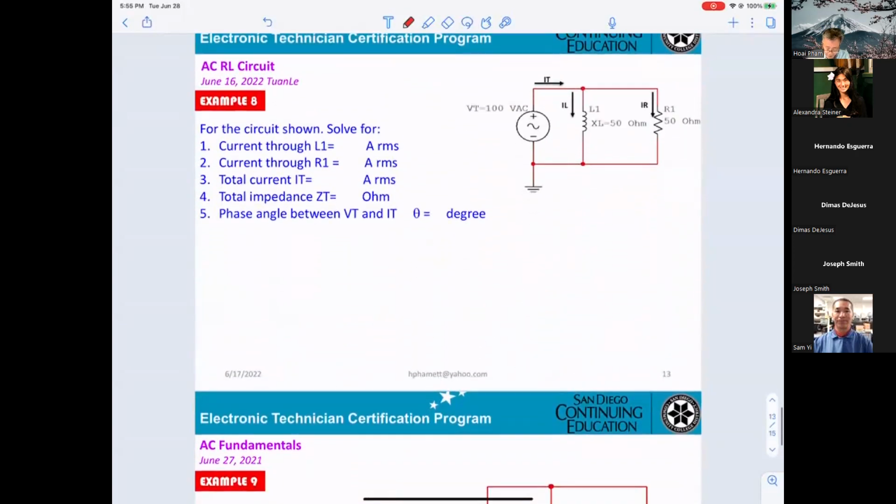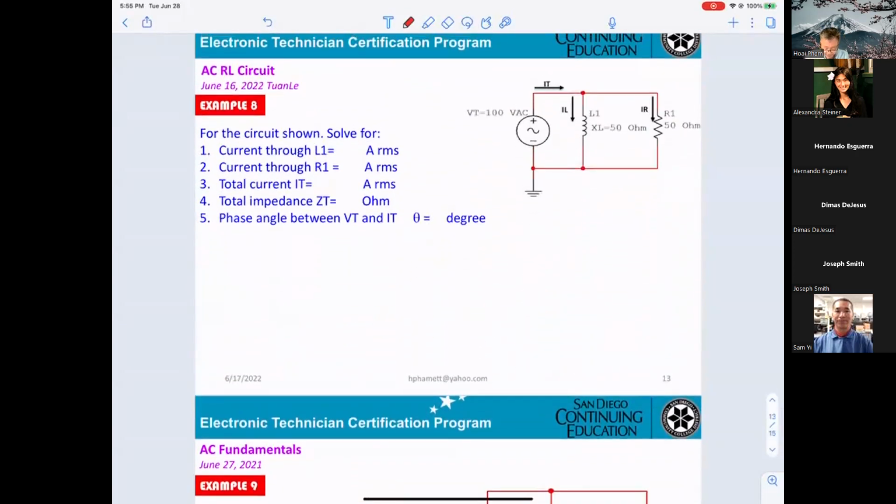Okay, try to apply that formula to this circuit. Tell me the current through L1, number 1. You know IL, you know the total voltage. So basically 100 divided by 50, you get 2 amperes. I believe so, that's right.